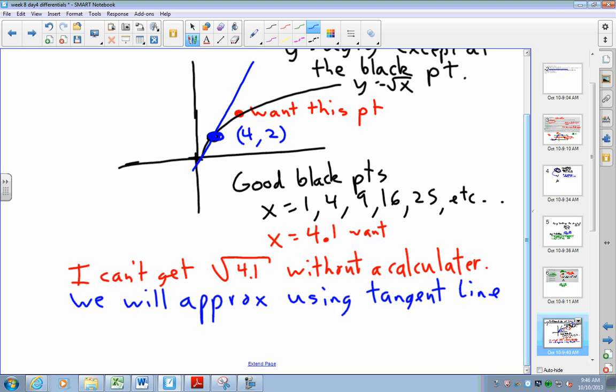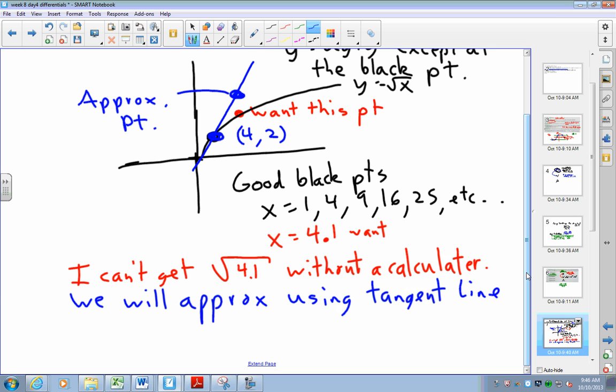Okay? So am I pretty close to 4.1? So I really want the red point, but what point am I going to get? This is my approximation point. Because is the tangent line going to be easy to walk on everywhere?